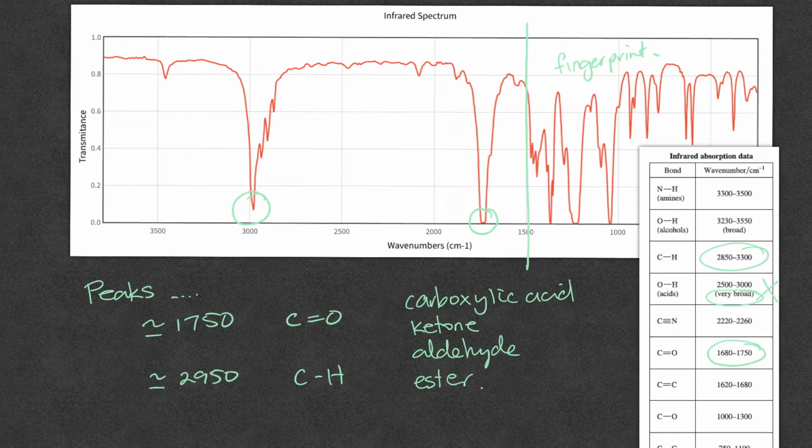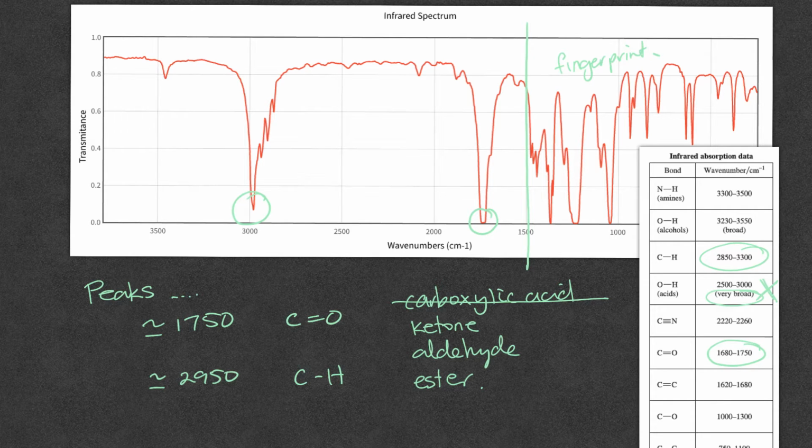So we know that we've got those four that we're looking at. We can cross out carboxylic acid because we've already said there's no very broad peak. So we're down to ketones, aldehydes and esters.